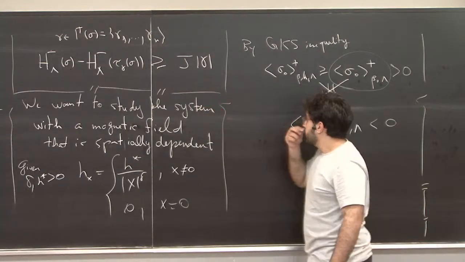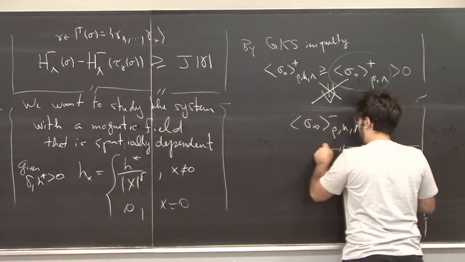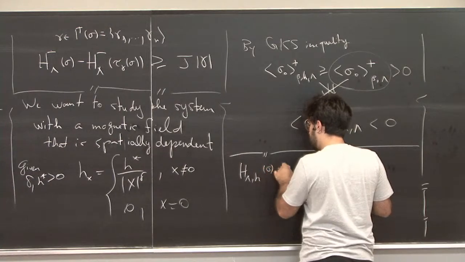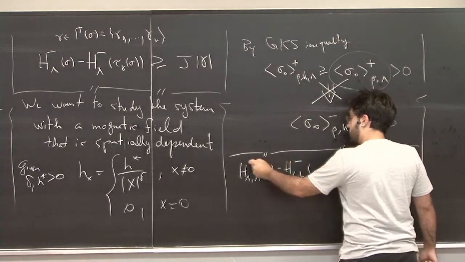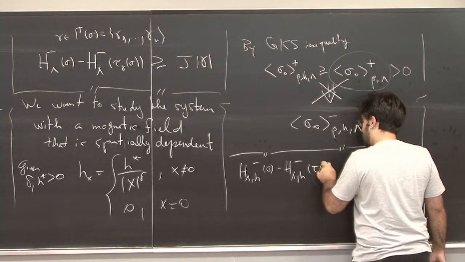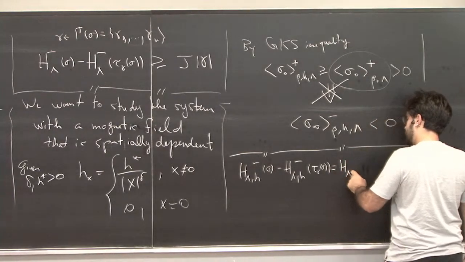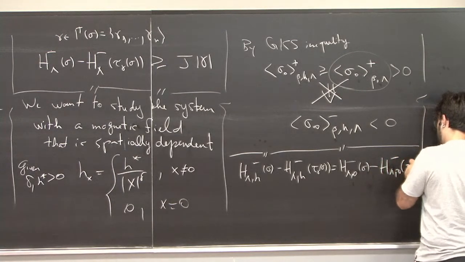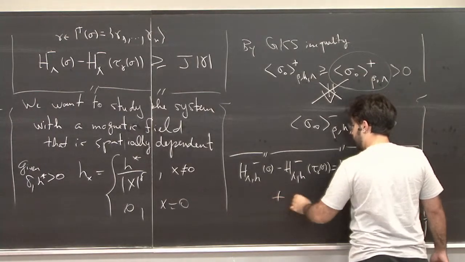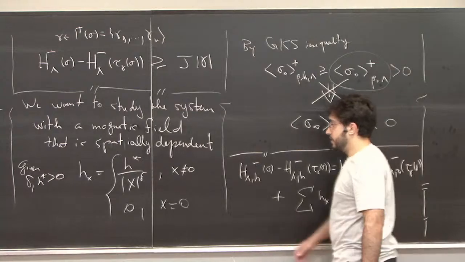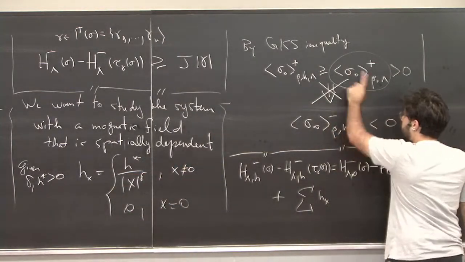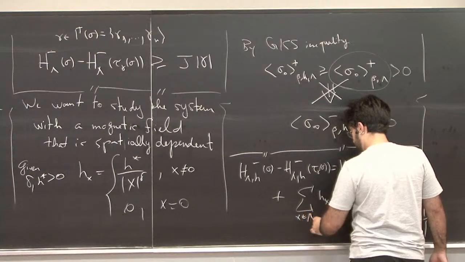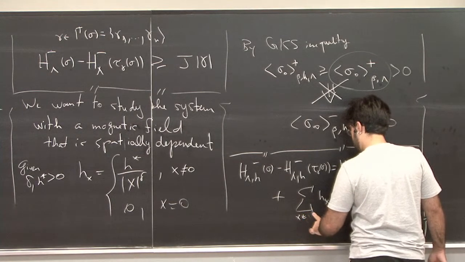This is the energy term, and what happens is the difference of the Hamiltonians with the field in the minus boundary condition is just the difference without the field, plus the difference of the spatially dependent field, with respect to these configurations. So here we have something like this.